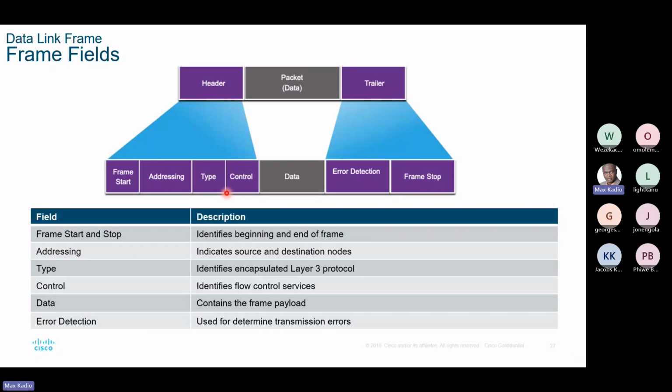For the physical layer, we say bits, 010101s. If you open the envelope, you will see 010101 inside. At layer 2, if you open it, we'll see something with these details. You can check the descriptions down here.